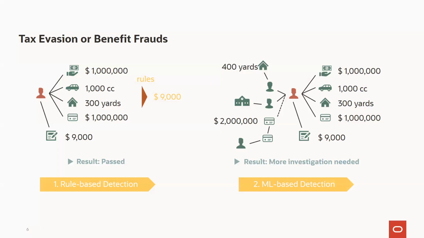If you look at the tax evasion example, and the very first example, which is rule-based detection, we have a person here. This can be the node or the vertex of the graph, and we can see there are many properties associated. A person generating an income close to 1 million could be investing in a car of 1000 cc, and in a property of 300 yards.